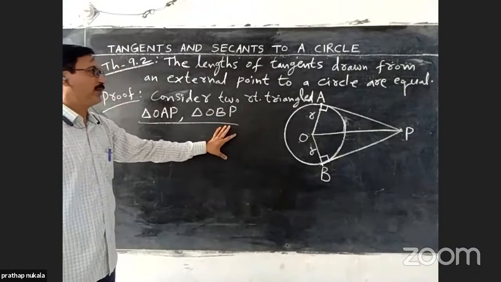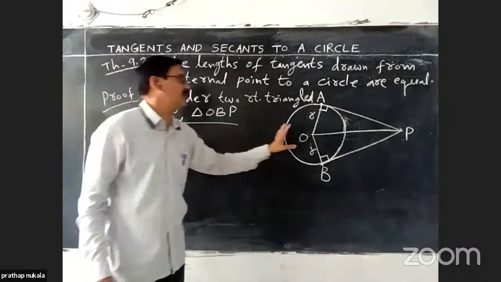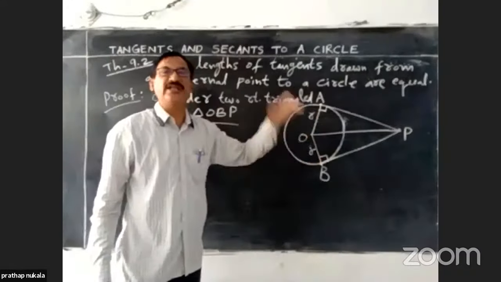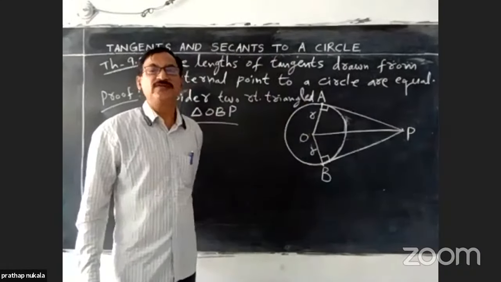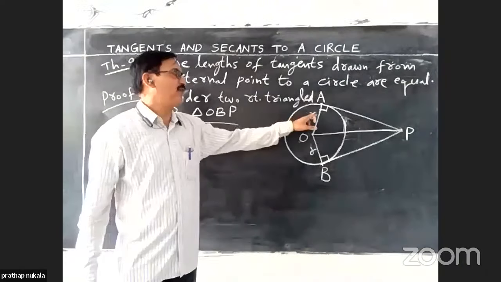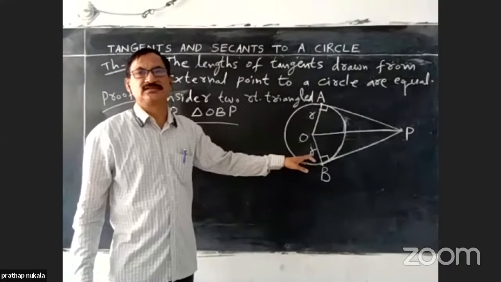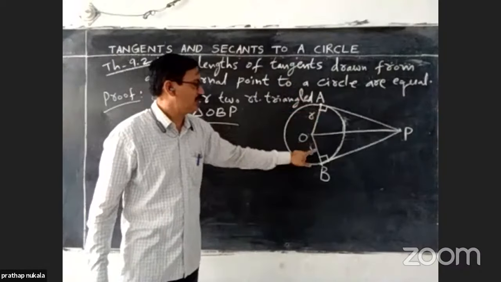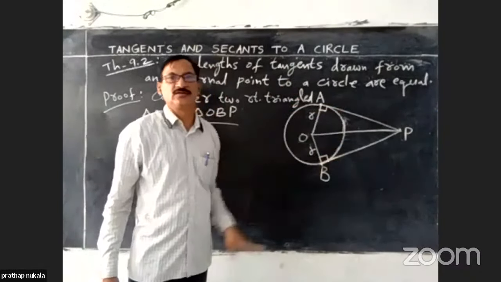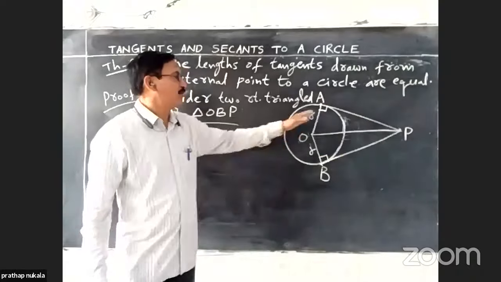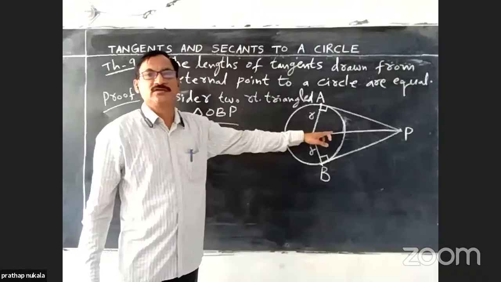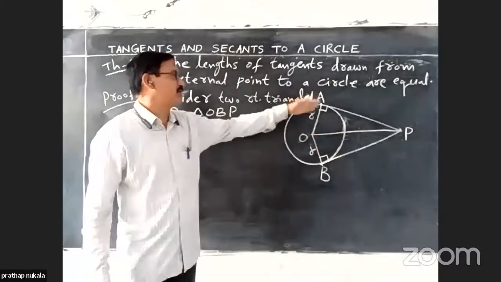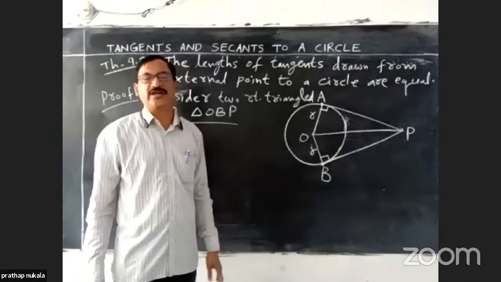Next, by the RHS property. What does the RHS property say? In any two right triangles, if one pair of corresponding sides and one pair of corresponding hypotenuses are equal, then the two right triangles are said to be congruent.